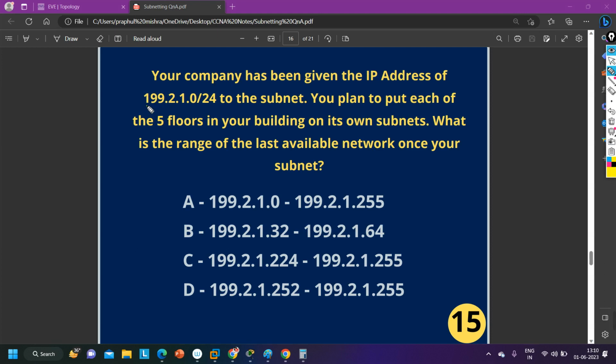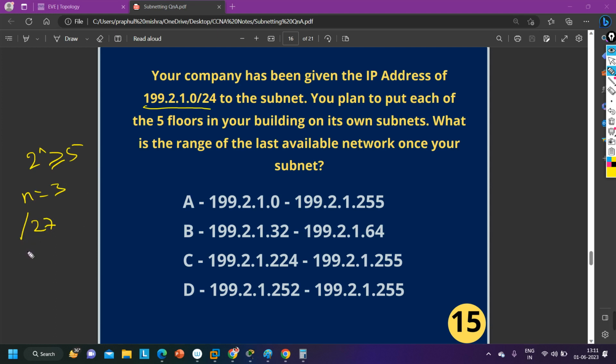Your company has subnets, and you plan 2, 4, 5 floors. So the number of networks, 2 to the power n, should be equal to or greater than 5. So what will the n value be? 3. Yes. So we borrow 3 bits, so the total slash value will be 24 plus 3, that is 27.